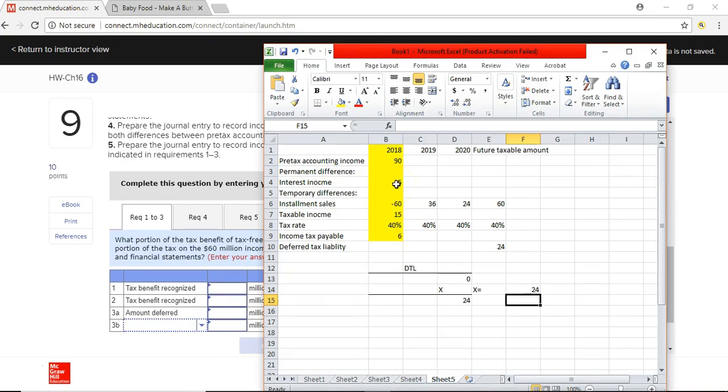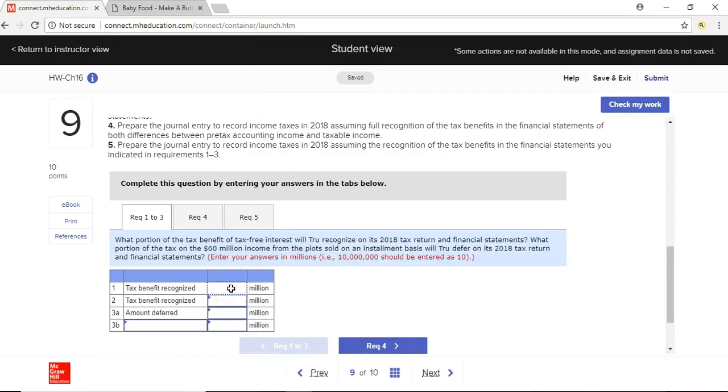Before we consider the likelihood of upholding this tax position, the $15 million interest income is not taxable. So on the tax form, 40% multiplied by 15, $6 million is the tax benefit.